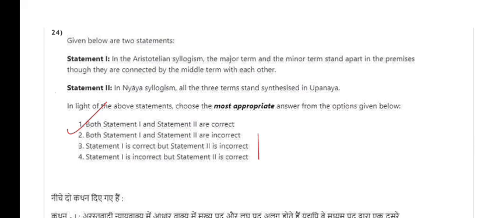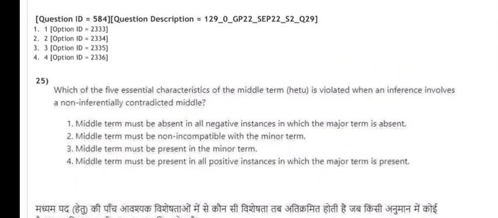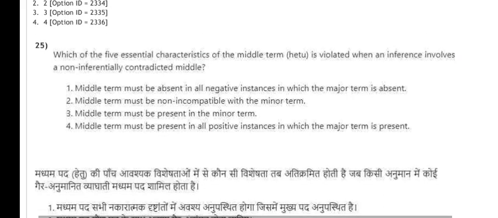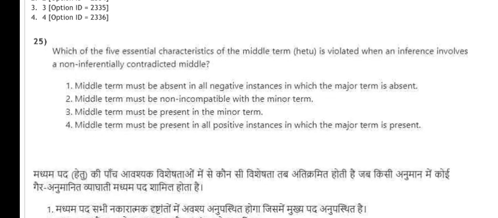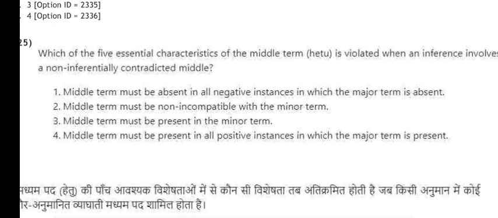Yes, so this was the last question. Now this we have to do. Which of the five essential characteristics of the middle term is violated when an inference involves a non-inferentially contradicted middle? 1: middle term must be absent in all negative instances in which the major term is absent. 2: middle term must be non-incompatible with the minor term. 3: middle term must be present in the minor term. 4: middle term must be present in all positive instances in which the major term is present.